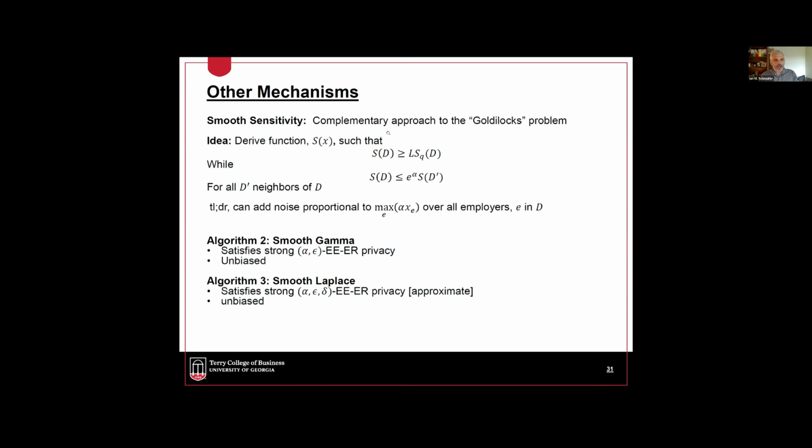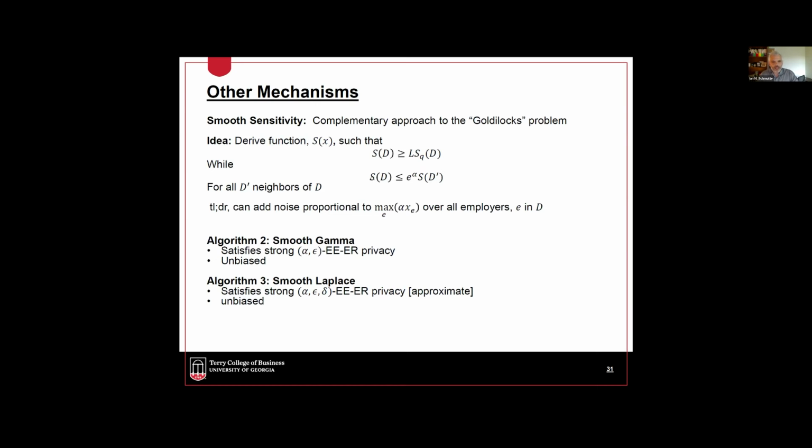So the idea is to derive a function, S, a function of the data, such that that function is always above the local sensitivity, like in the maximum observed sensitivity envelope, but it satisfies the property that that function is itself not particularly sensitive.